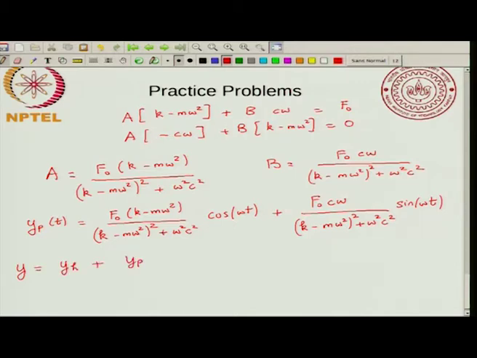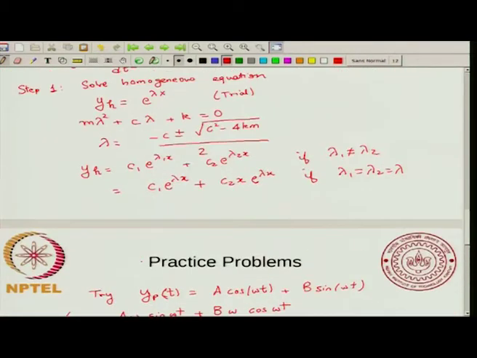I can finally write my general solution, which was y is equal to yh plus yp. And yh, you remember, if the roots were distinct, was c1 e to the lambda 1 t plus c2 e to the lambda 2 t. Again, the variable used should be t, not x.